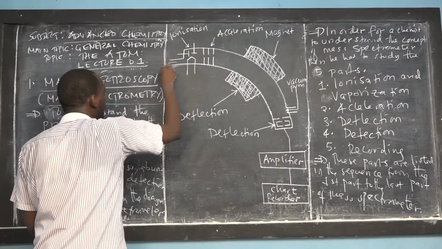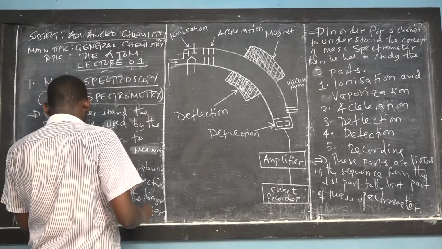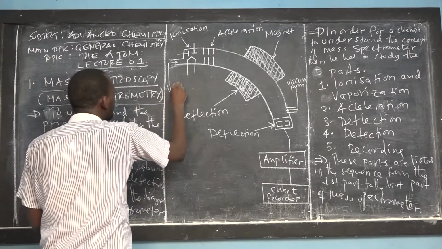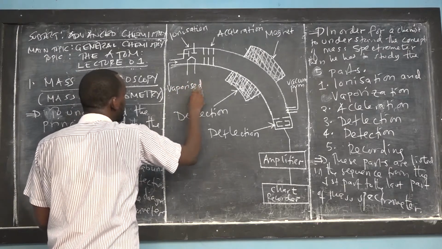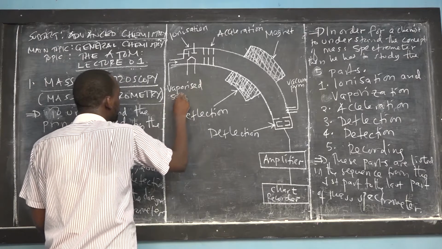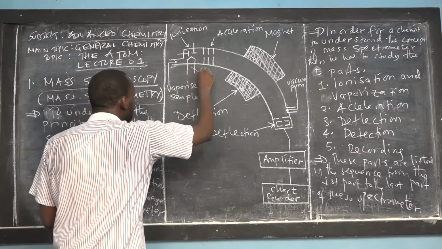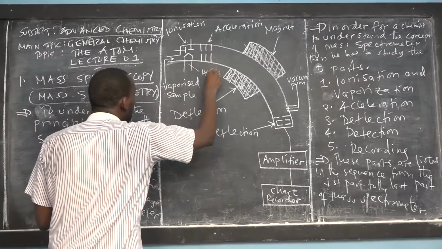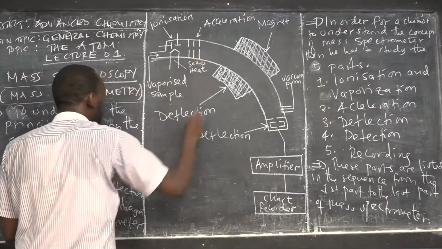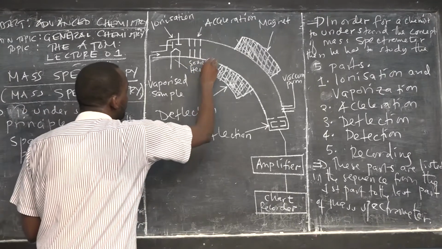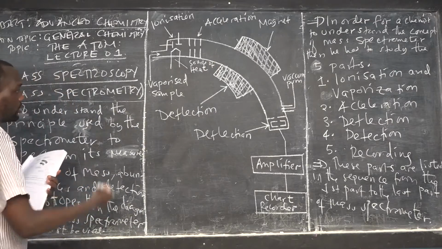Here we have another part we call it vaporize the sample. Then this one we call it heat source, or source of heat. So that one's vaporize sample.